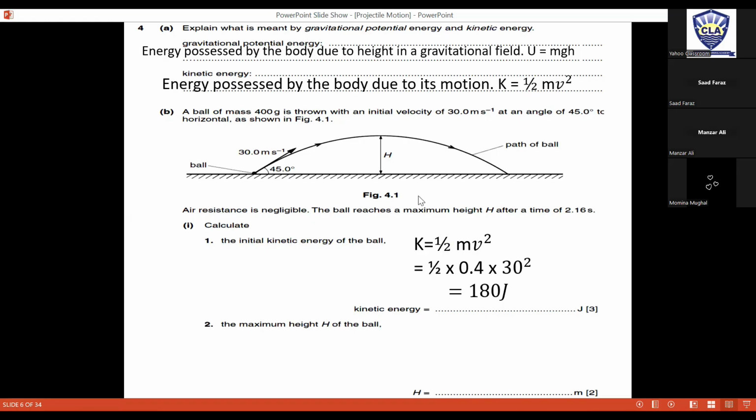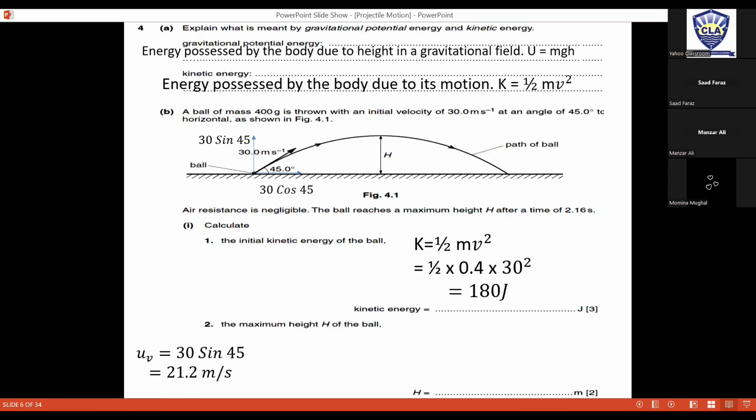Now, they have told us that the ball reaches the maximum height at a time of 2.16 seconds. What is the maximum height reached? Again, the same process. The initial vertical velocity will be 30 sin 45. We have two components, 30 sin 45 and 30 cos 45.